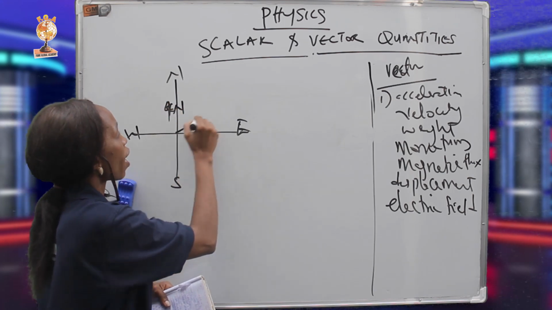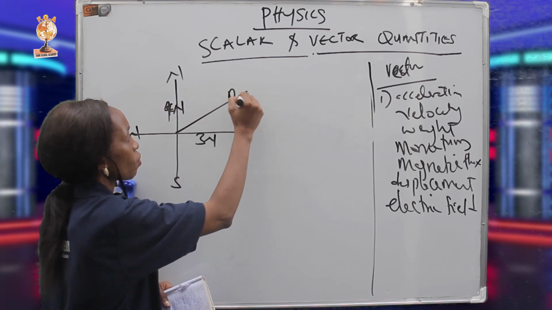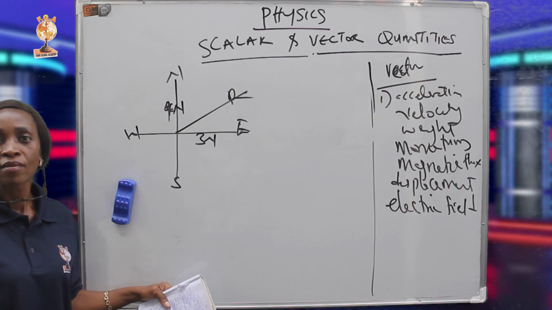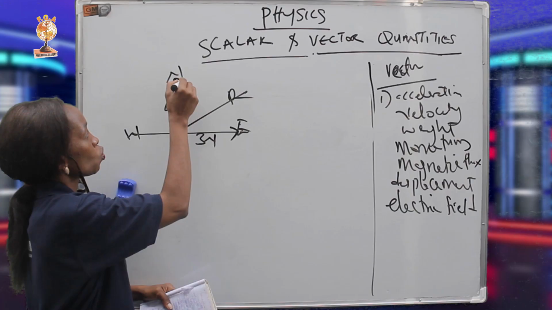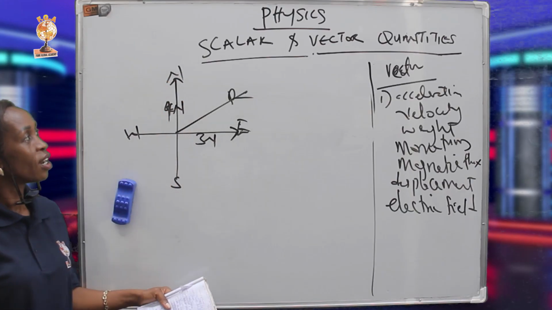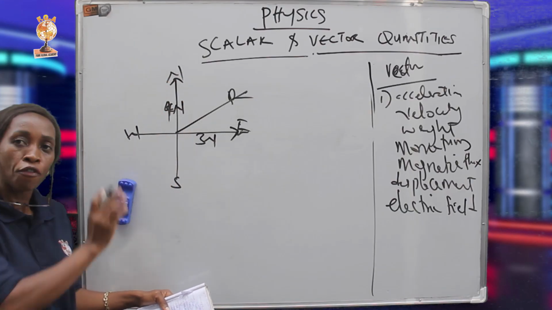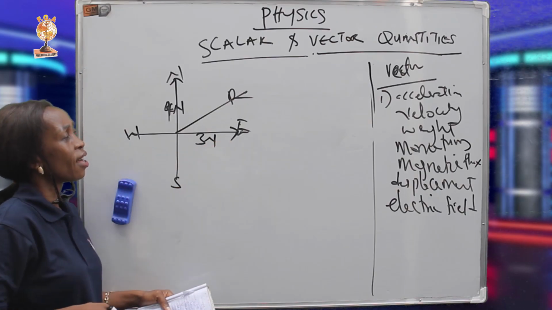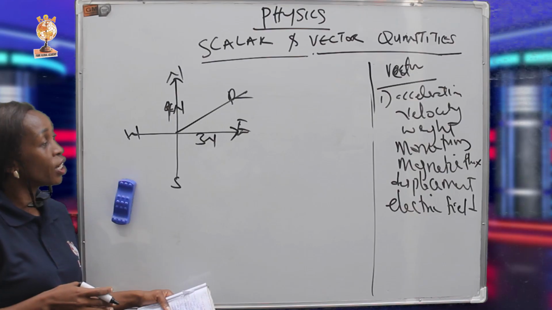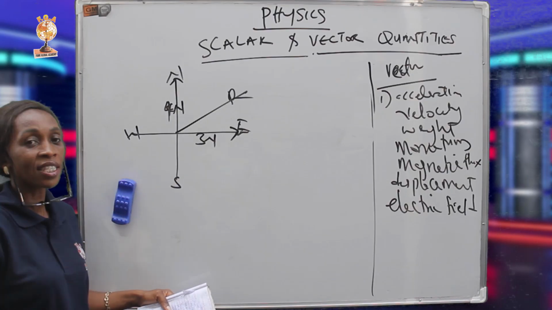And I'm asked to find their resultant, R. The arrow shows that this one is going upward, towards the north, 4 Newton, and this other one is going 3 Newton in the east direction.